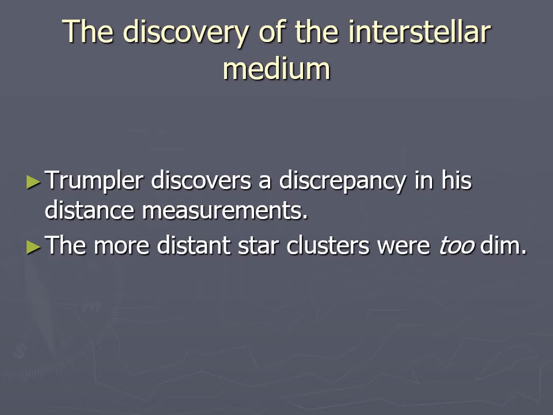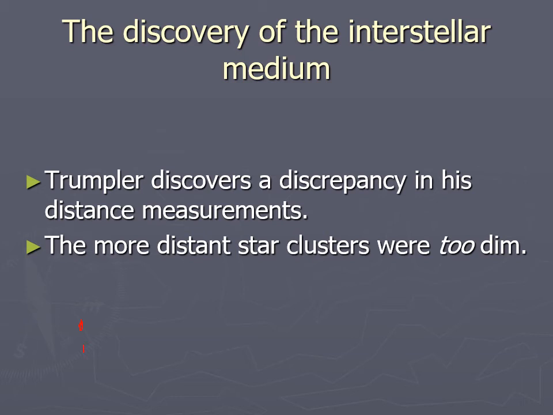Well, he thought about this and said that doesn't make any sense. The distance a star cluster is from Earth has nothing to do with how big it actually forms. Likewise, the physics of how stars work should be the same everywhere, so it doesn't make sense that stars shine dimmer depending on how far they are from Earth. So the only thing you can think of is that there's something between us and the star clusters.